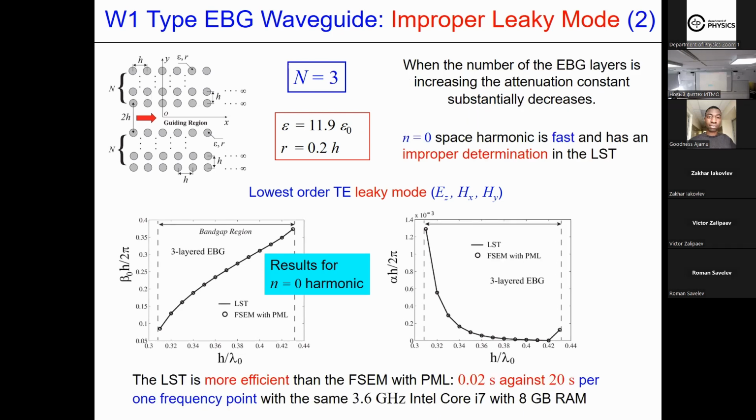It approaches 2 orders, because there is a 2-order decrease here, and it depends on the frequency, of course. Yeah, but still, in any case, it's kind of exponential. Of course, as you mentioned, when the layers are increasing, the attenuation constant is decreasing, while the propagation constant almost doesn't show any change. Yeah. Yes.